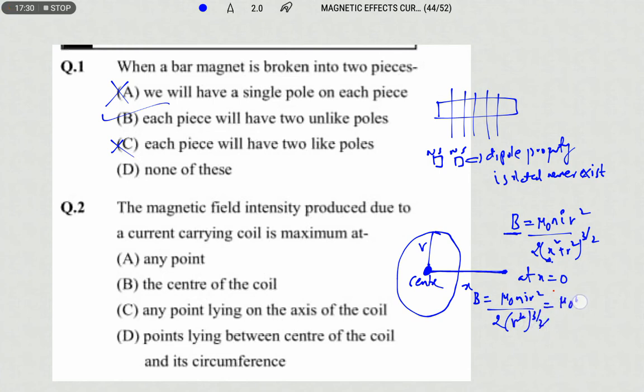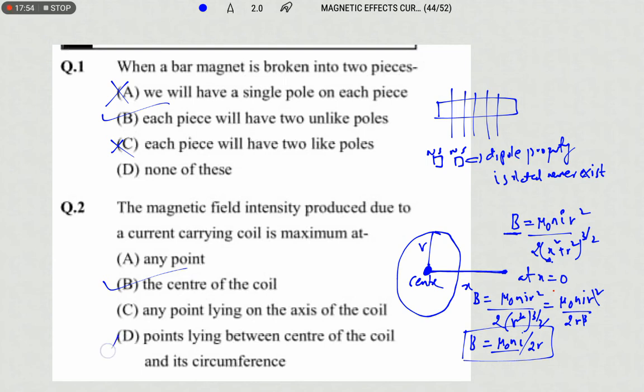Therefore mu naught N i r square by 2 r cube. So r square gets cancelled. Therefore B is equal to mu naught N i by 2r is the answer for your question. So at the center of the coil it is maximum.